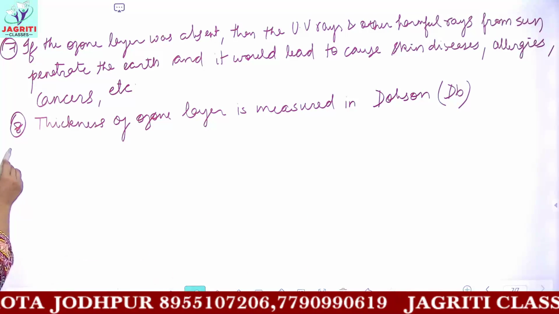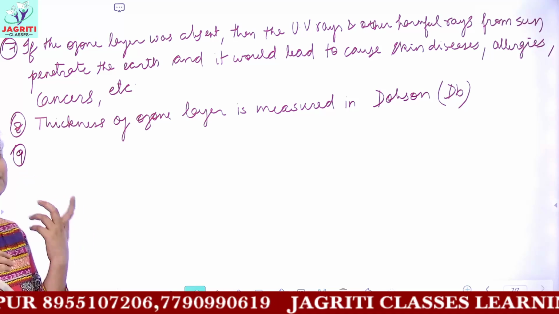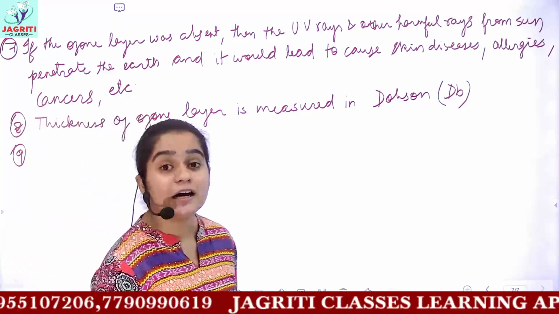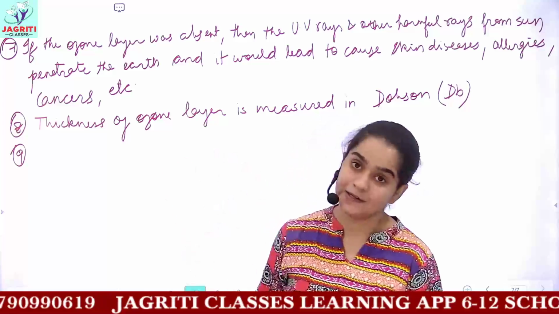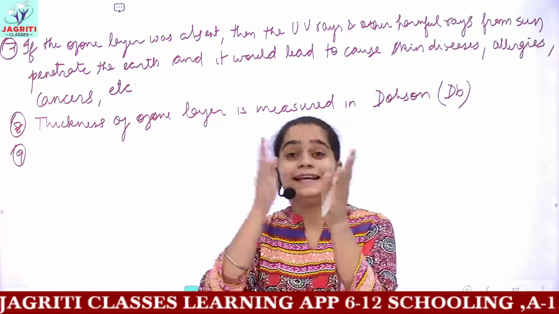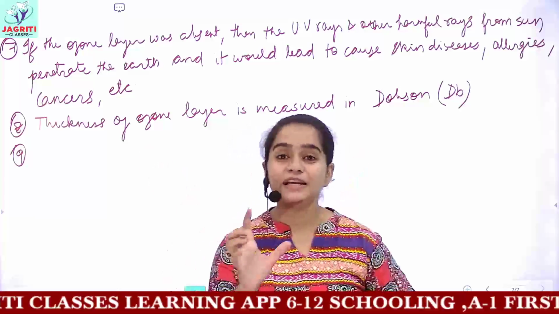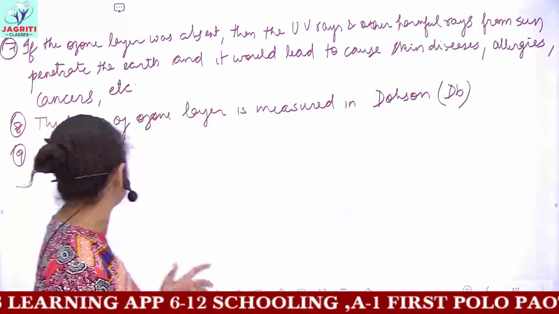Then the very important point, which is a point of concern for us, is that a hole in the ozone layer has been observed over Antarctica. Actually, hole does not mean the ozone layer has escaped or is absent. Hole means the thinning of the ozone layer in a particular region.